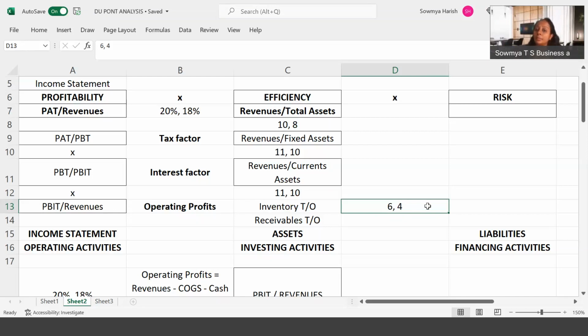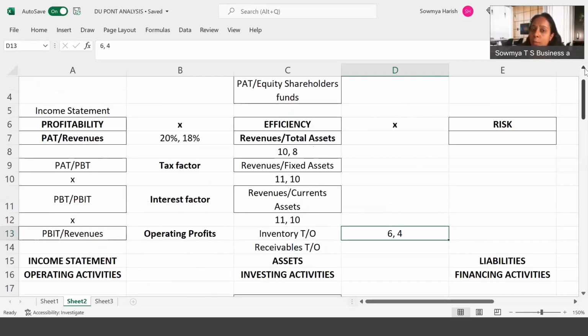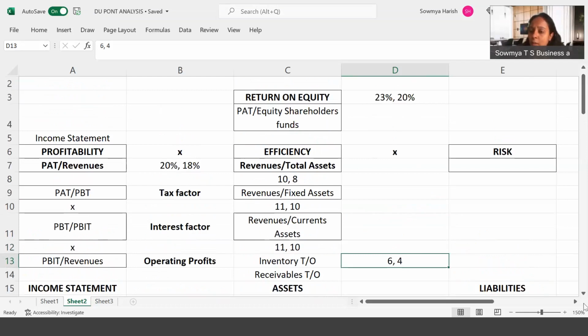This is a cause of concern. The movement of inventory is much less compared to last year. Because of this, there is mismanagement in the current working capital or current assets, which has contributed to inefficiency of the assets with respect to the revenues and then in the return on equity.